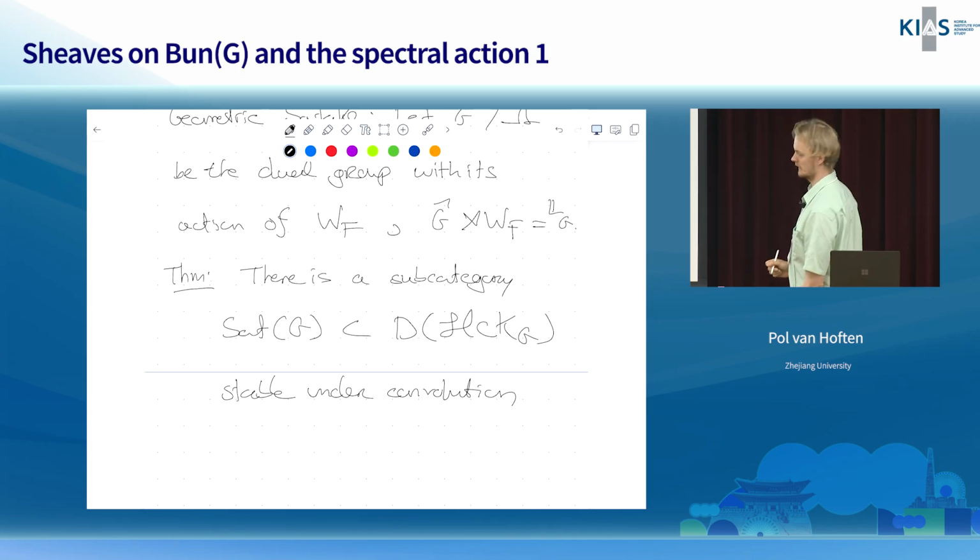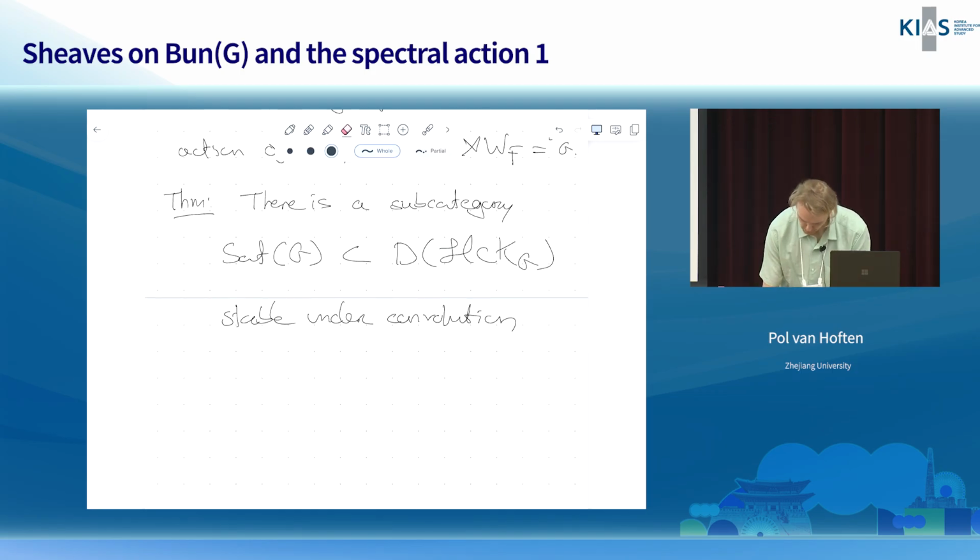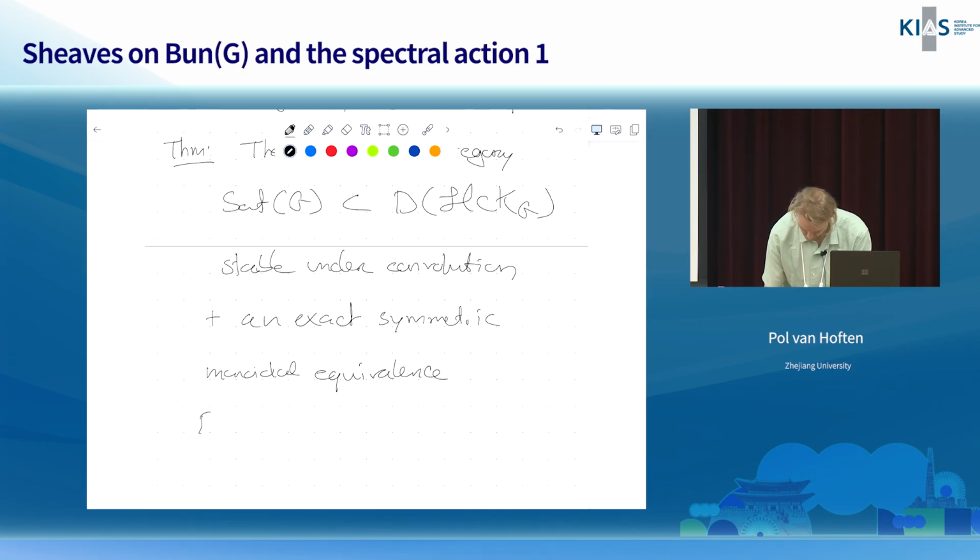That means that this subcategory itself has a convolution product, plus an exact symmetric monoidal equivalence from Rep of this G hat semi-direct product W_F. And I have to tell you what kind of representations these are.